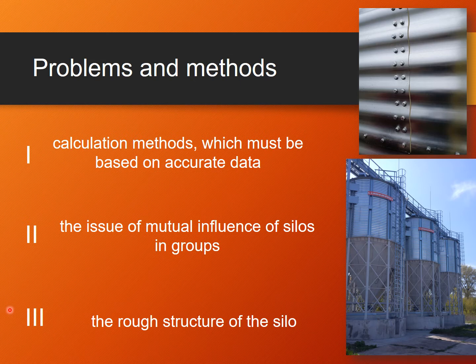One way to implement this approach is to develop calculation methods which must be based on accurate data. Computational simulation tools may help to obtain such data that cannot be predicted in real situations. This applies to the object of study of this article, silage packs under the influence of wind flow.